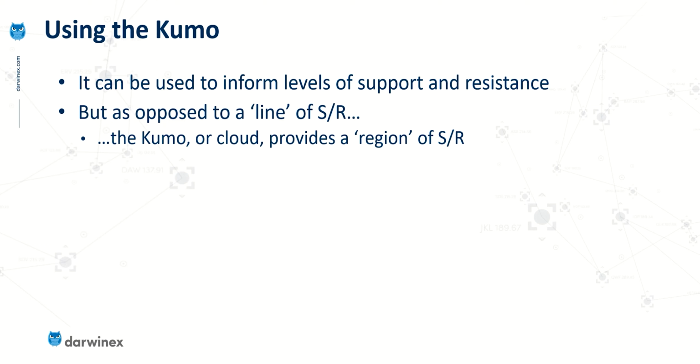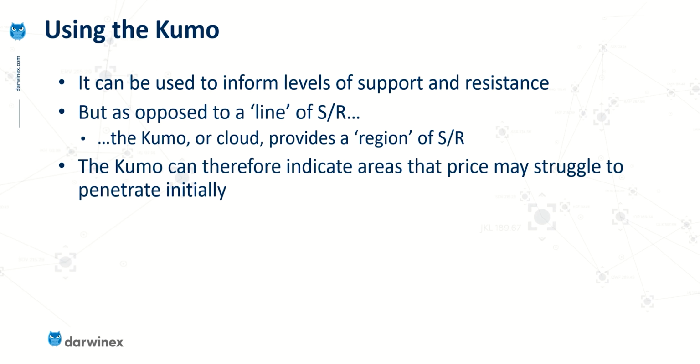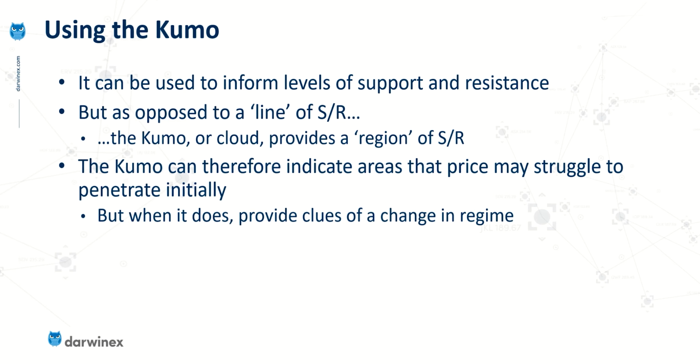So it's the whole of the cloud that's considered to provide those support and resistance guidelines. But just like any other support and resistance line, price may struggle to penetrate that initially. But then when it does, of course, this provides us with a clue of a change in the regime of the asset.